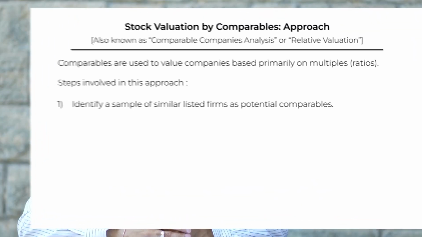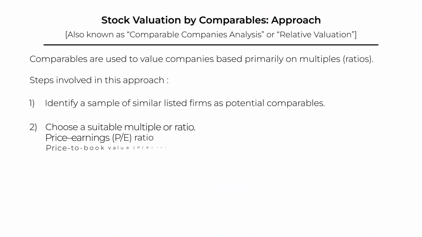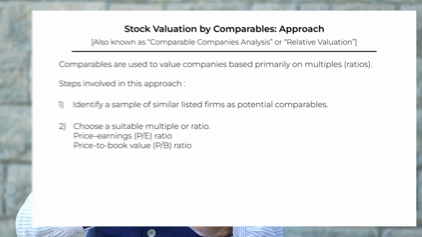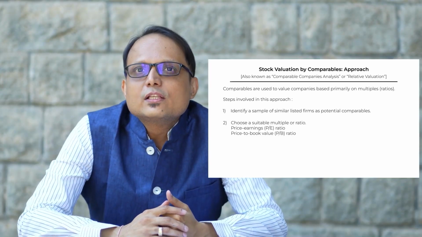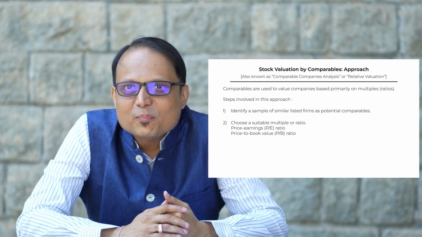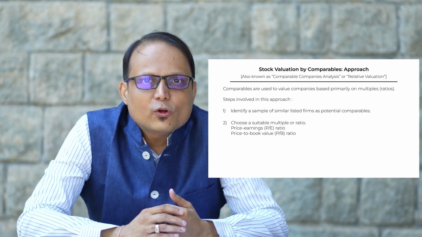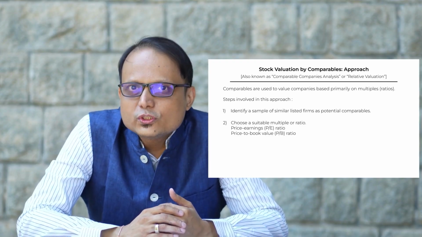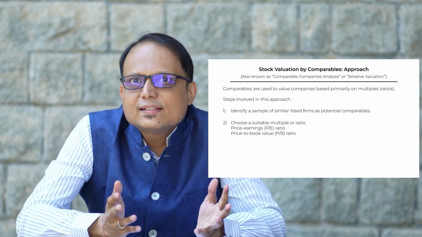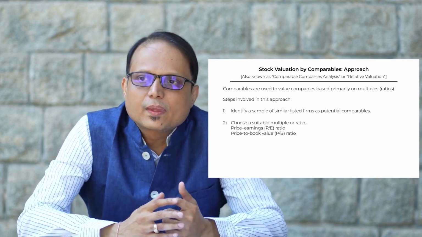The next step is to choose a suitable multiple or a ratio. That multiple could be the price to earnings ratio, the price to book ratio, or some other ratio. In the example that I am going to talk about in a while, we are going to illustrate using the price to earnings ratio as our multiple.